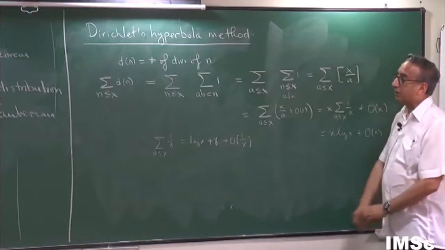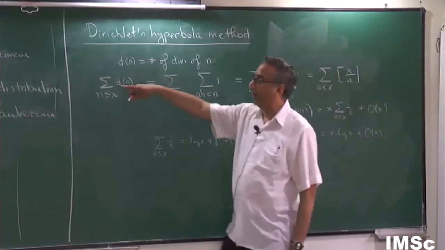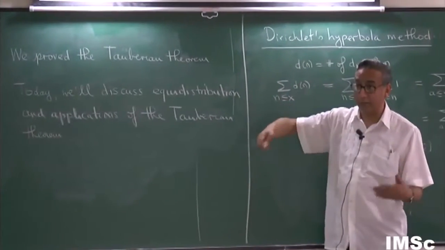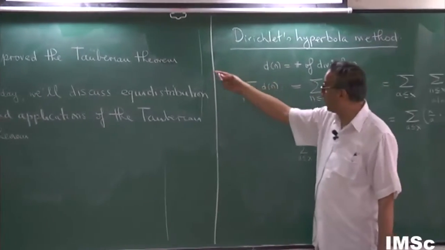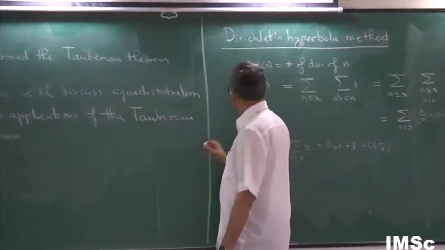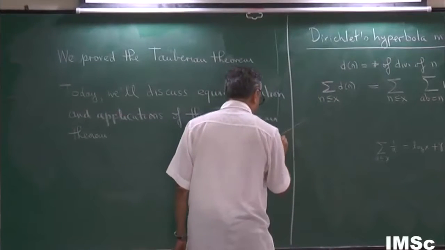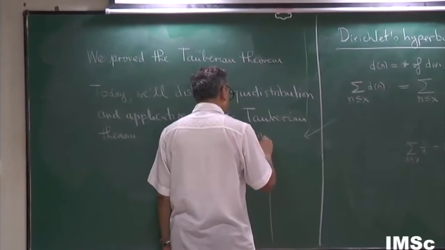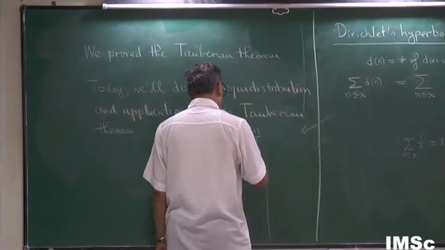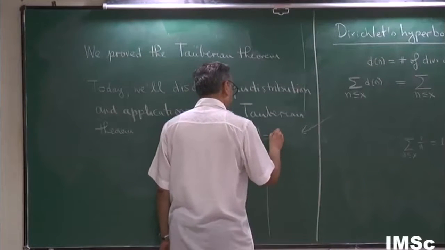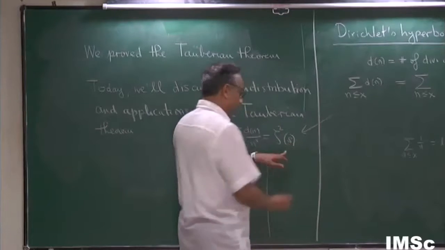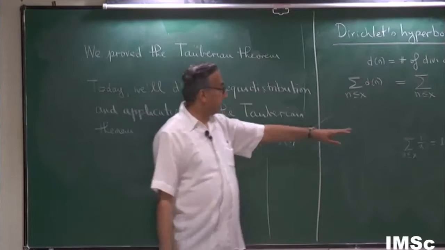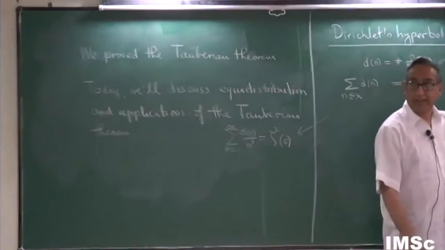I told you also last time how the Tauberian theorem can be used to handle double order poles and higher order poles. And when you use the Tauberian theorem in looking at this same thing, the summation of d of n over n to the s, n going from 1 to infinity, is zeta squared of s, and this has a double order pole, and so you would pick up x log x from that.